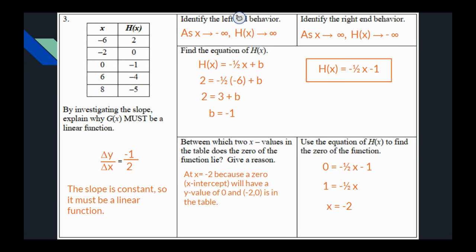You get x equals -2. You also did not have to do all of this work to find your y-intercept, because they give it to you in the table. But if you wanted to, you could.